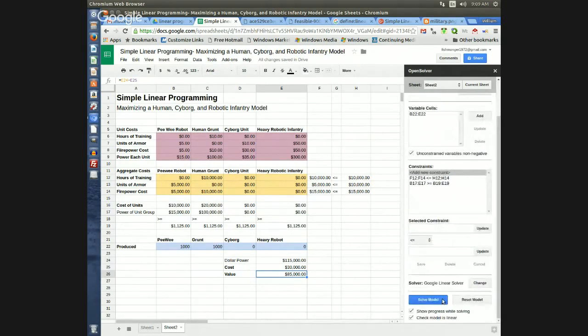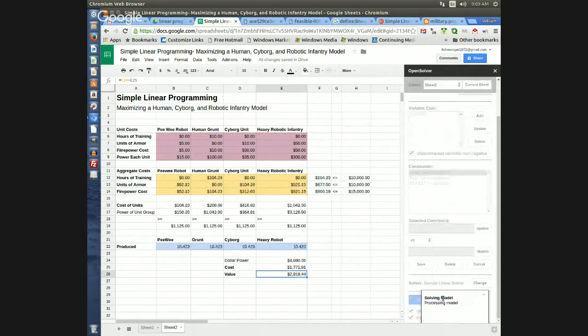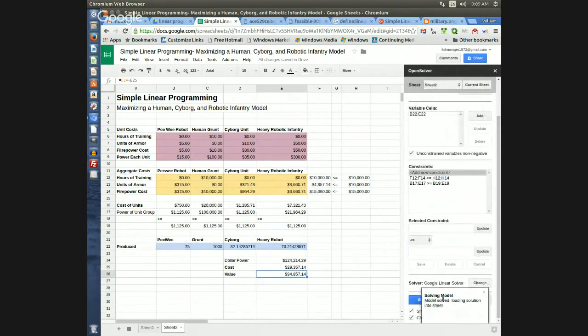And so now I'm going to solve that model. And you have, all right, look, so now you can see, right? You have $94,000 of overkill. So the cost of these units was $29,000, and this should be some firepower.